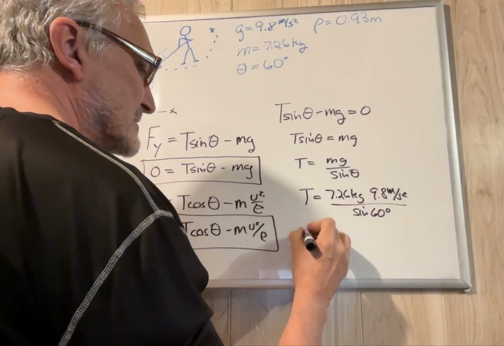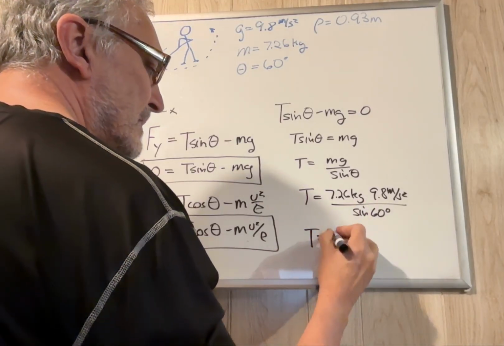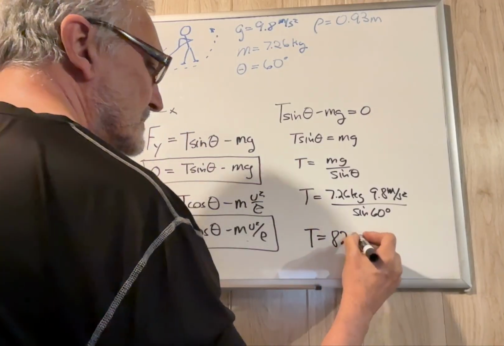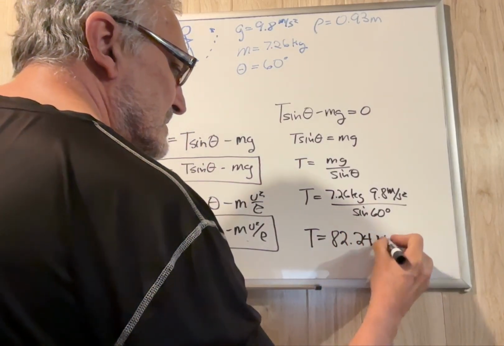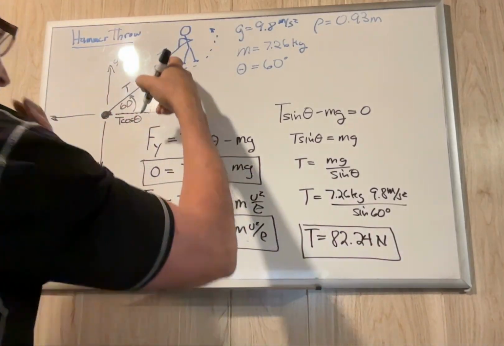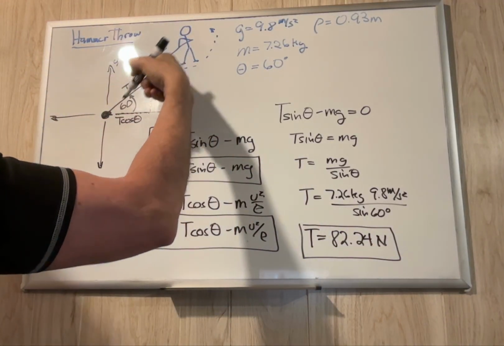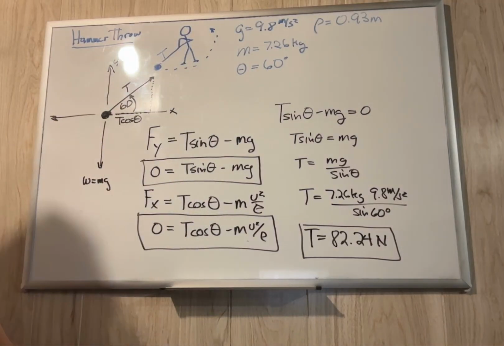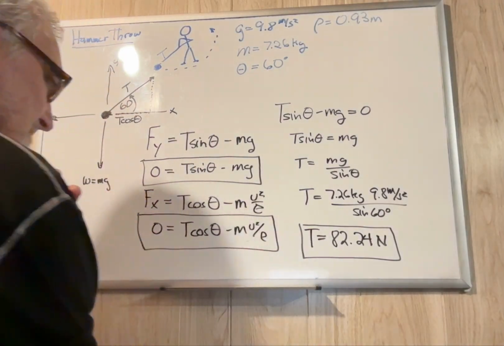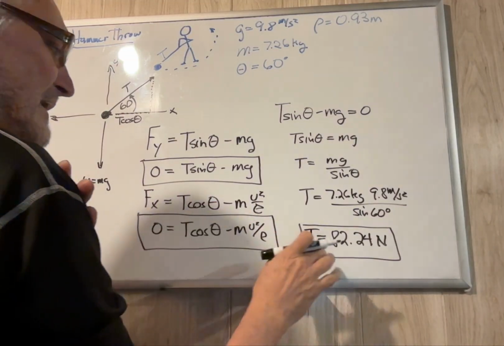So I know that my tension is going to be 82 point something. 82.24. Good. So now we have found the tension in the chain up here. That's going to be 82.24 newtons.